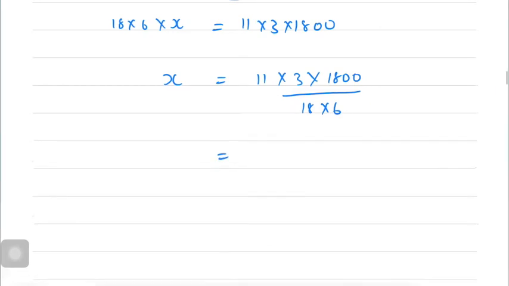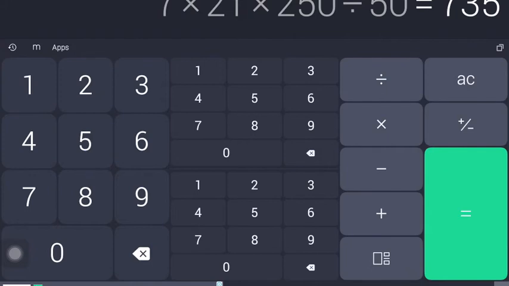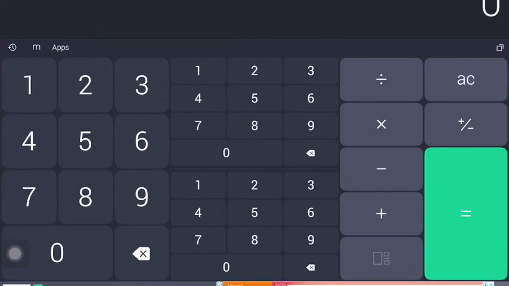So when you compute this, 11 into 3 into 1800 divided by 18 divided by 6. Okay.